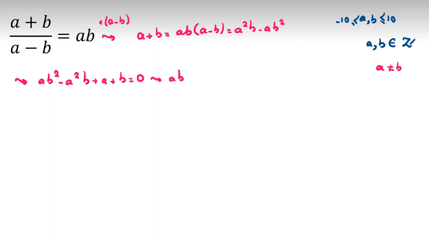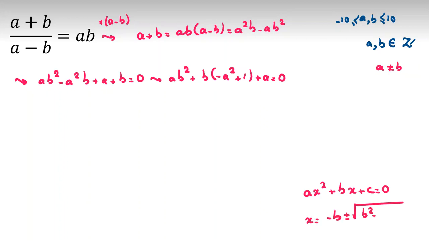It will be a b squared plus b, with coefficient negative a squared plus 1, plus a equal to 0. For this quadratic function, we should know the quadratic formula: ax squared plus bx plus c equals 0, then x equals negative b plus or minus the square root of b squared minus 4ac, all over 2a.